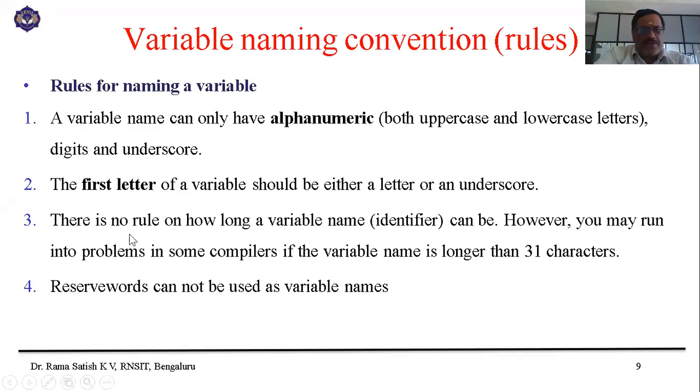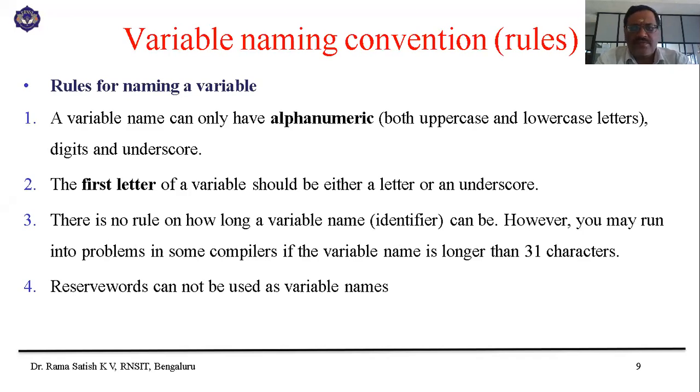And the third point, very interesting. There is no rule on how long the variable name should be, how long you can give. However, you may run into some problems if you give a name beyond 31 characters. The compiler may give some problems.